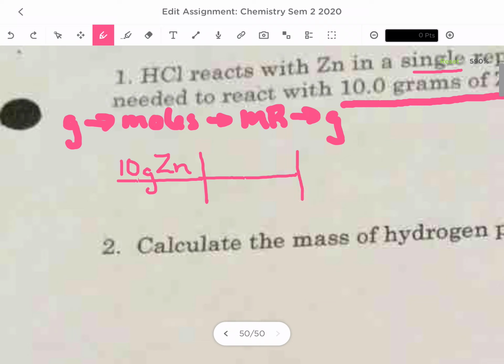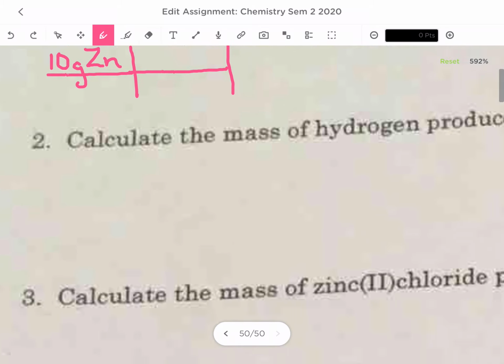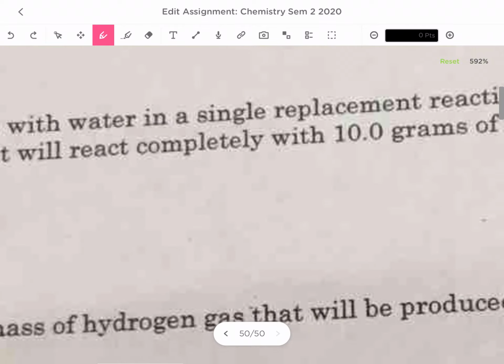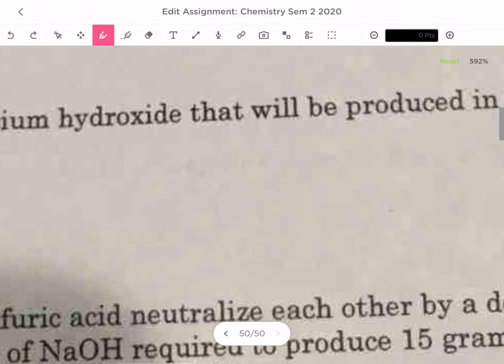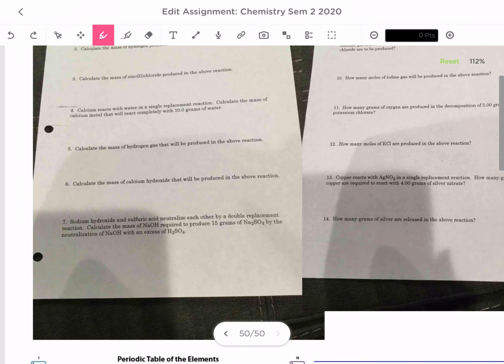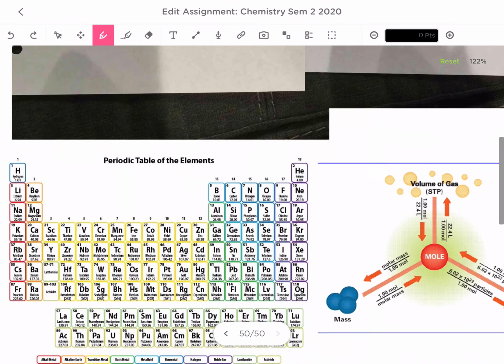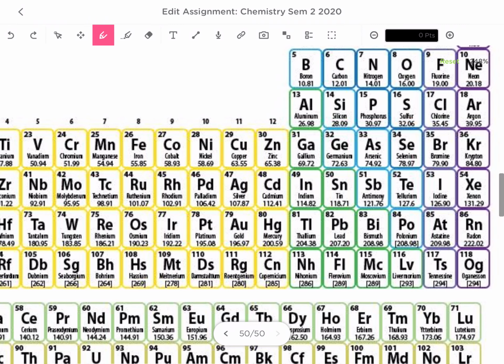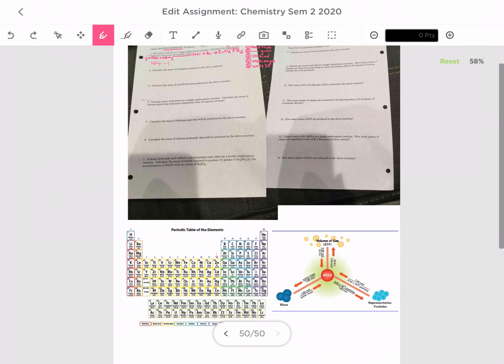And then we go from grams to moles. So in order to go from grams to moles, we have to use our mole map. And if we look down here, zinc's mass right here is 65.38.